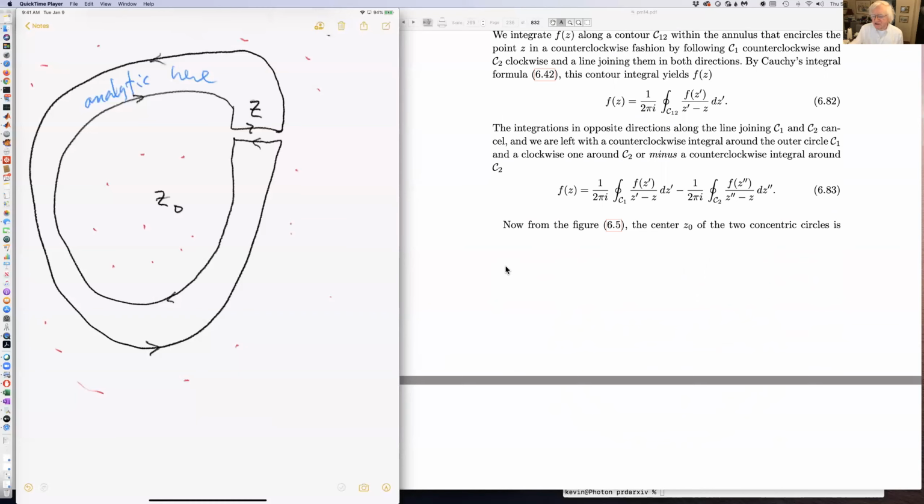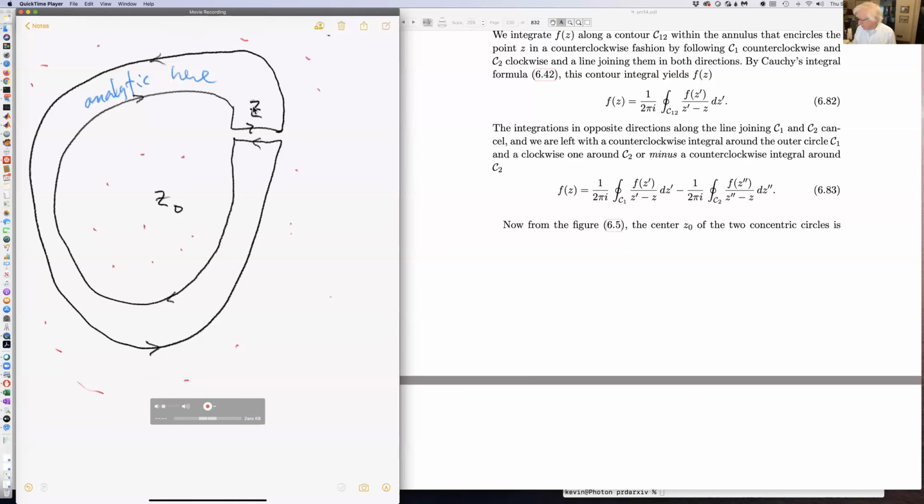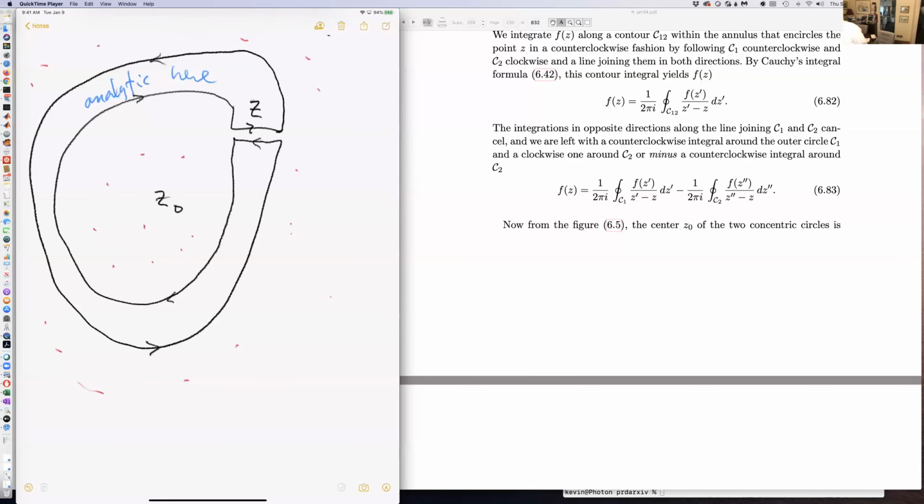We're going to integrate exactly as in this equation. So z is the point at which we're going to evaluate something. So this is a point, and z0 is another point here.